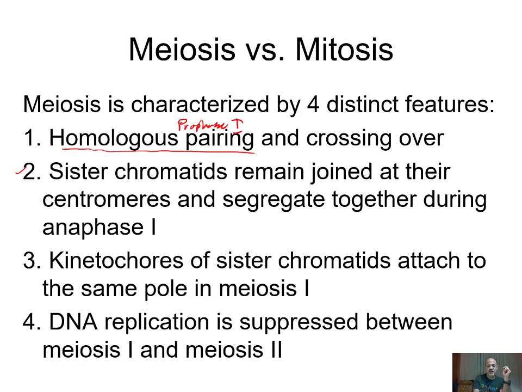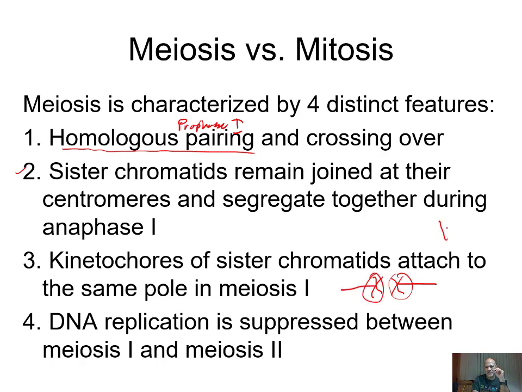Another feature of meiosis is that the sister chromatids are going to attach to the same pole. So for each homolog, both sister chromatids are going to attach to one pole. Both of these are going to attach to the other pole.